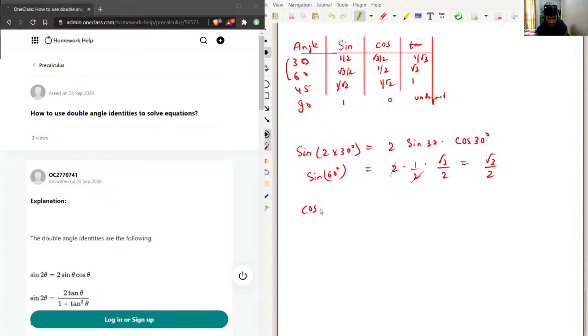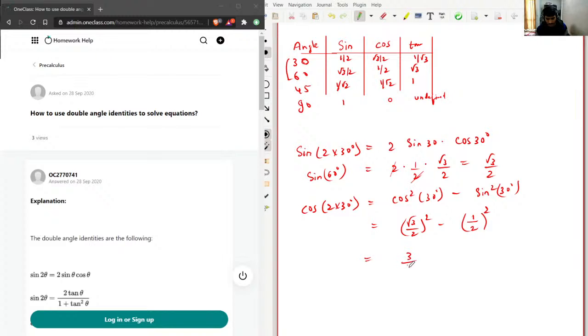Now for cosine of 2 into 30, we'll write cosine square 30 degree minus sine square 30 degree. So cosine is square root of 3 over 2 whole square, minus sine, which is 1 over 2 whole square.